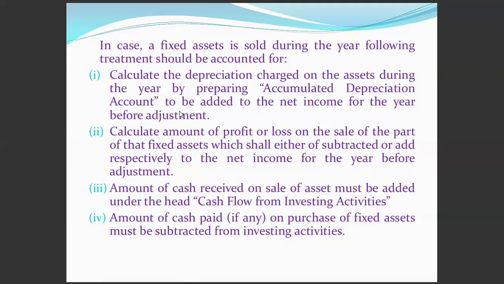In reverse, suppose I have a loss on sale of assets, then while showing the loss, it will reduce my amount of profits. So whatever the gain or loss on sale of fixed asset, I need to adjust it separately before claiming the income.